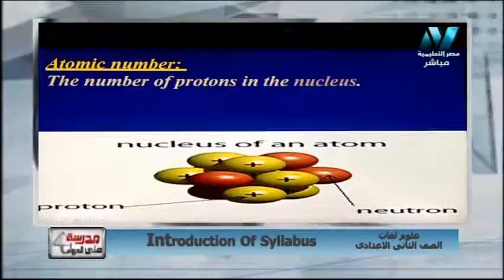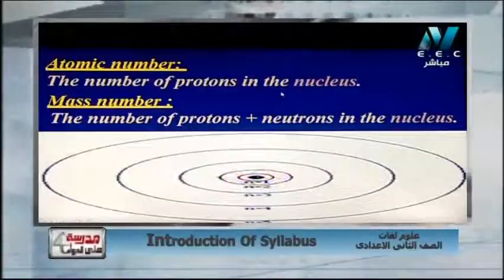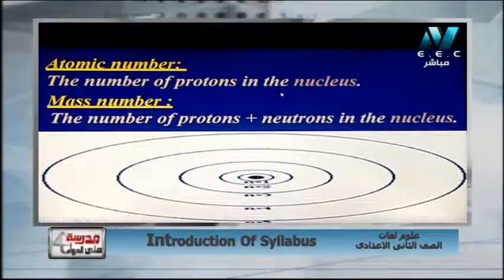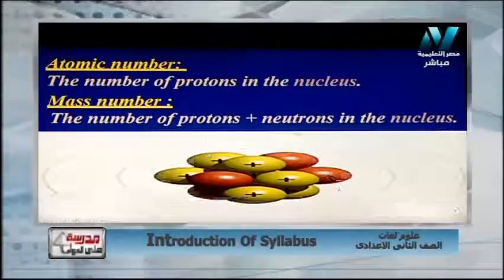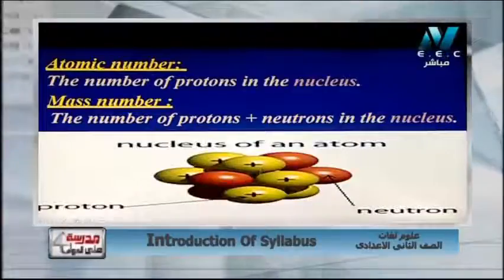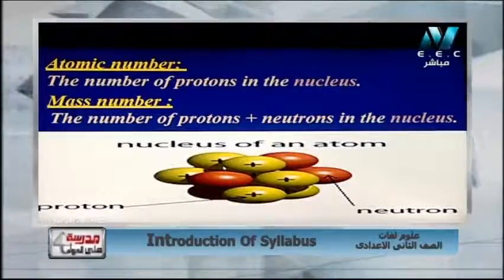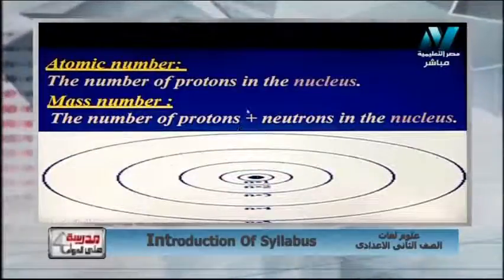And we have another, the mass number: the number of protons plus neutrons in the nucleus. Protons are positive and neutrons are neutral. The summation of both particles is called the mass number or atomic weight.